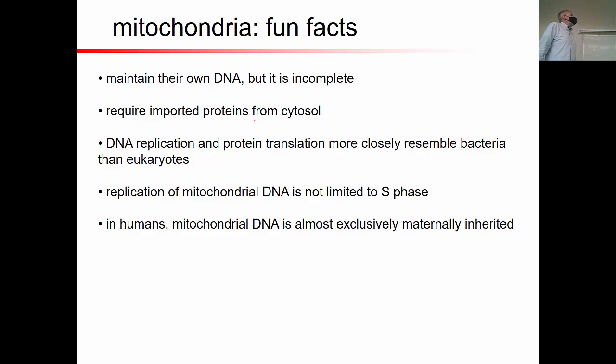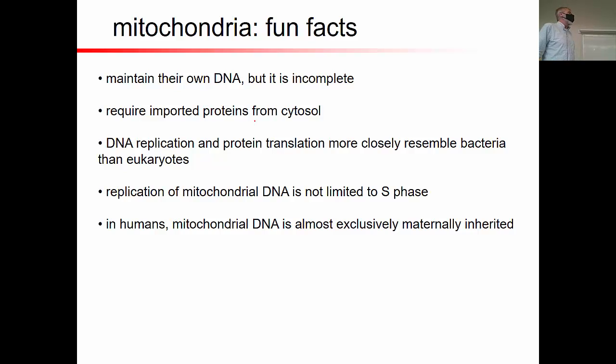All right, we talked about this a little bit when we looked at the endosymbiont hypothesis, but when we're looking at the mitochondria, it's pretty cool because it has its own little genome preserved from when it was presumably a free-swimming bacterium. And most of the genetic material has been lost, but in humans, we still encode within our mitochondria about 15 proteins and a couple of other gene products.